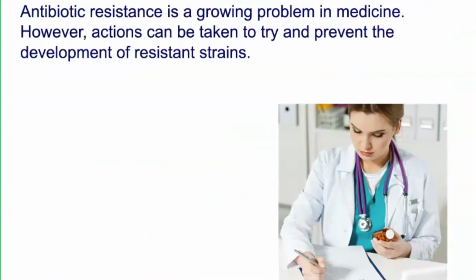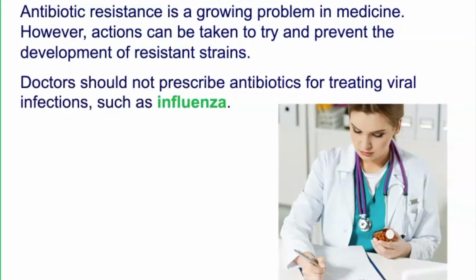So how do we prevent antibiotic resistance? Antibiotic resistance is a growing problem in medicine. However, actions can be taken to try and prevent the development of resistant strains. Doctors should not prescribe antibiotics for treating viral infections like influenza.